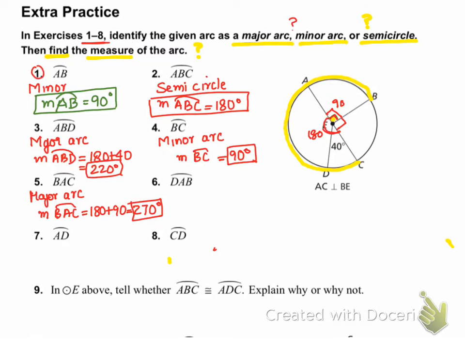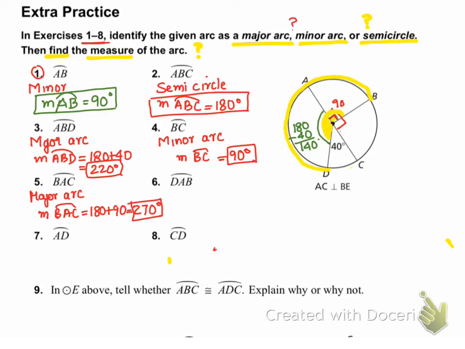Now we have to find arc DAB. Let me remove this. I have to find arc DAB, this yellow one. I could do it in different ways. I need to know this angle, which is 180 minus 40, that's 140.